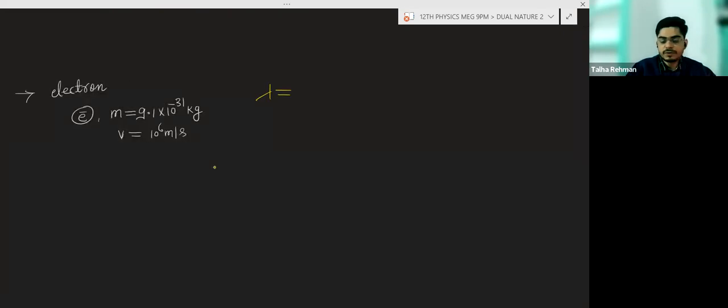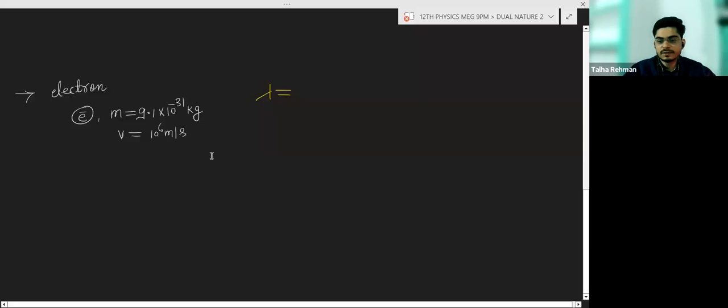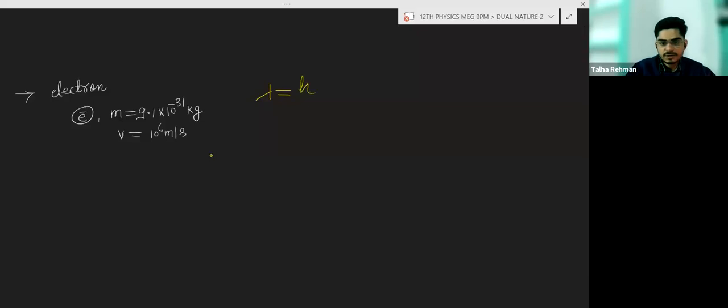The wavelength of the wave associated with matter is given by the de Broglie wavelength, that is h by p. What is h? 6.626 into 10 to the power minus 34, divided by momentum. Momentum is mass into velocity. Mass of the electron is 9.1 into 10 to the power minus 31, into 10 to the power 6.